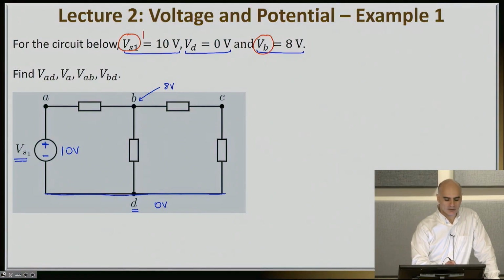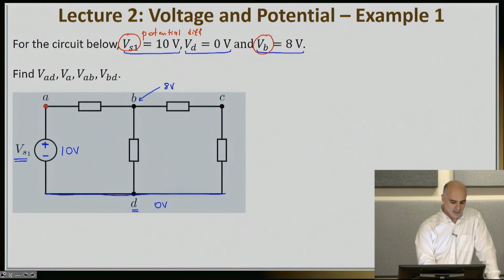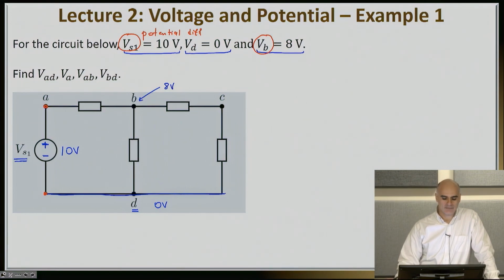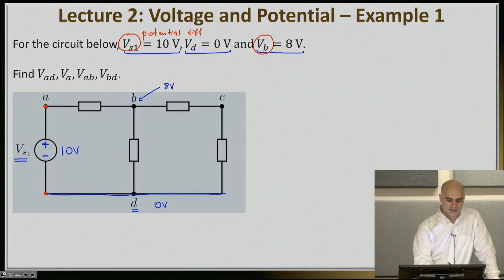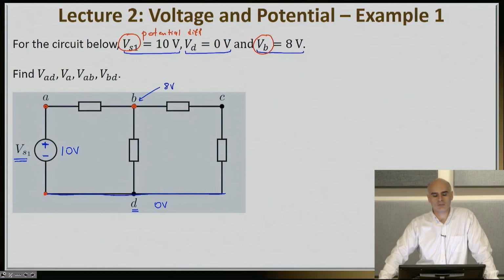VS1 is a potential difference, or a voltage difference. It refers to the voltage at point A minus the voltage at point D. VB refers to the voltage of node B, the absolute potential at node B.